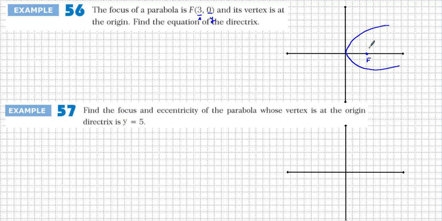So if the focus point is (3, 0), which is given here, find the equation of the directrix. The distance of the directrix and the parabola should be the same.